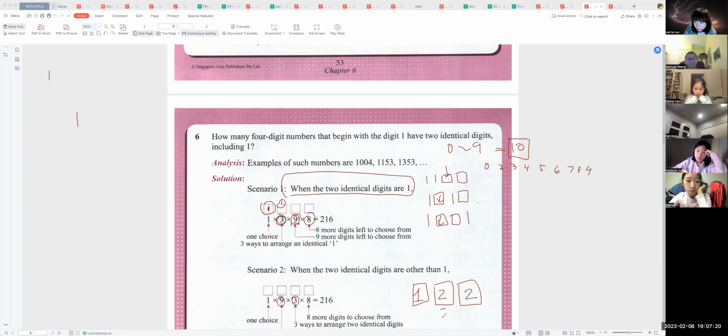If this is 3, I have to use 3. And I can put them into all the different ways. So 2 could be here. Get it? So that's why this is 3. 3 ways to arrange two identical digits. So the last 8 is because one of them, 1 or 2, has been used. So whatever has left is 8 numbers. So it's another 216. Understand, everybody?